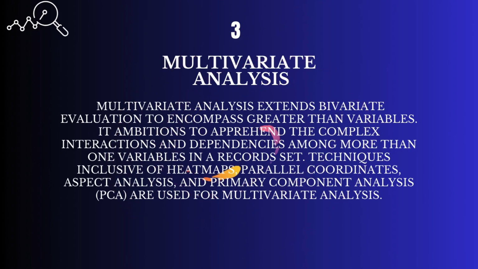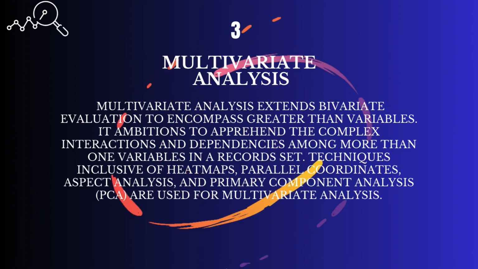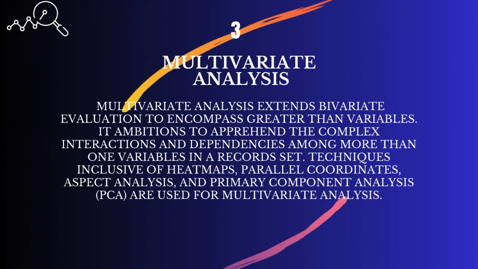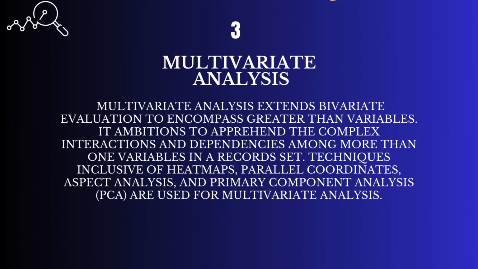Multivariate analysis extends bivariate evaluation to encompass more than two variables. It aims to uncover complex interactions and dependencies among multiple variables in a data set. Techniques include heat maps, parallel coordinates, factor analysis, and principal component analysis like PCA, which we got familiar with in the earlier video, used for multivariate analysis.